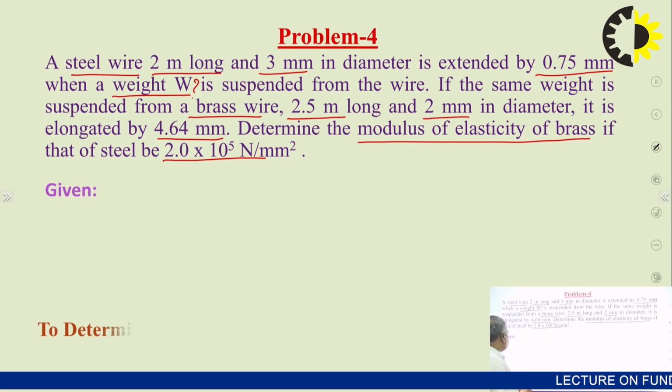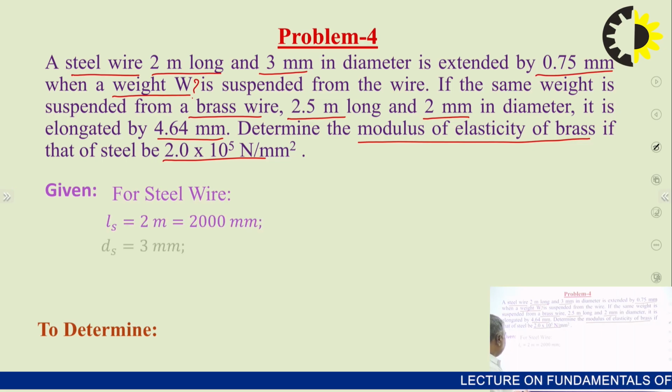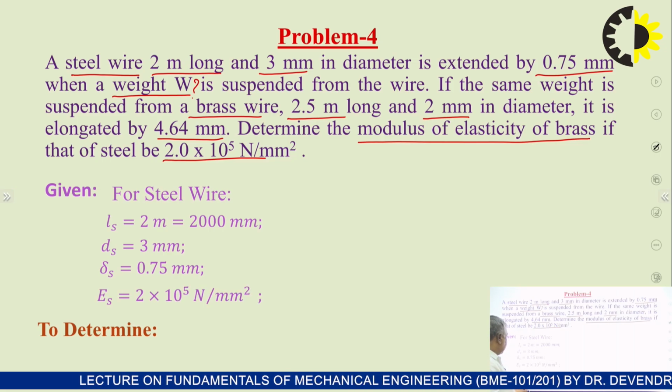First, what is given for the steel wire? The length of the steel wire is 2 meter, that is 2000 millimeter, the diameter is 3 millimeter, the elongation is 0.75 millimeter, and the modulus of elasticity is 2 into 10 to the power 5 Newton per mm square.